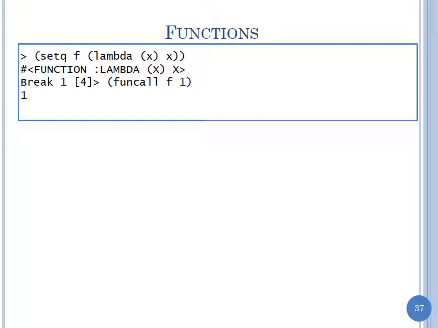I want to go and apply that lambda expression to an actual argument. I want to just name f, but I don't say f 1, I say funcall f 1. That's the way Lisp is designed. Okay, so we'll have to just deal with it. Or I can try to argue why the funcall occurs.